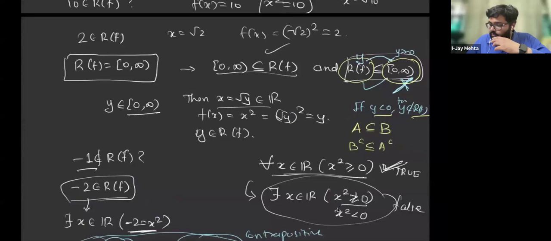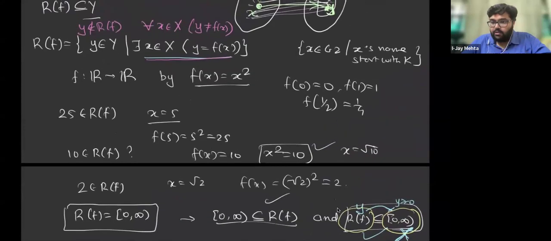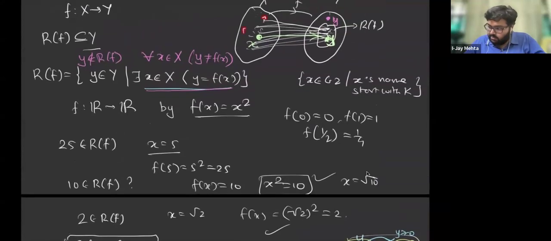Right? Clear? So let us recall again. y is in the range if we can find some x such that y equals f of x. Not in the range: given any x, y is not equal to f of x. There is no pre-image.